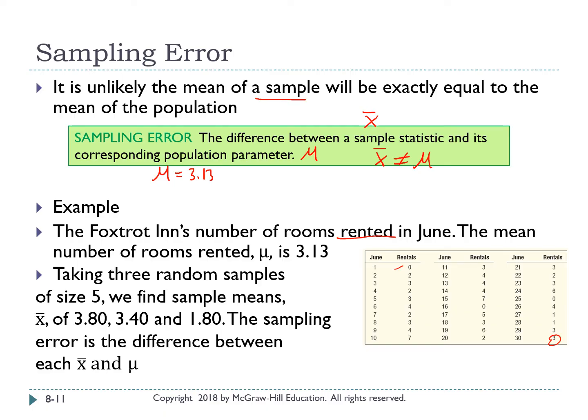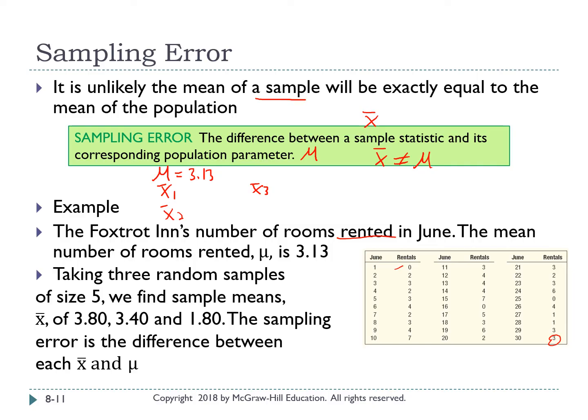Now you are taking 3 random samples with the size of 5. So what does it mean? It means that you're going to have the first X bar or sample mean, and then the second X bar and the third X bar, right? Because you are taking 3 random samples with the size of 5, which means that you have 5 observations.